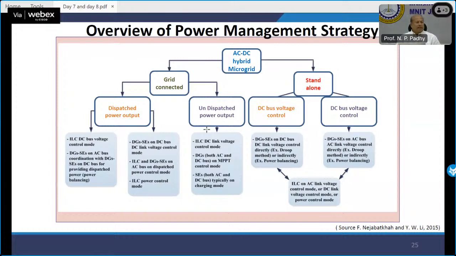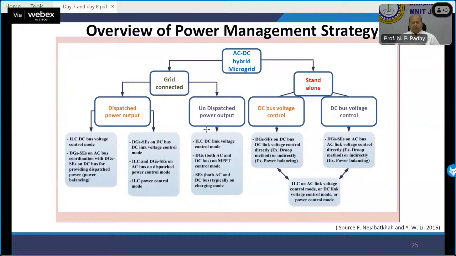One is grid connected and the other one is standalone.